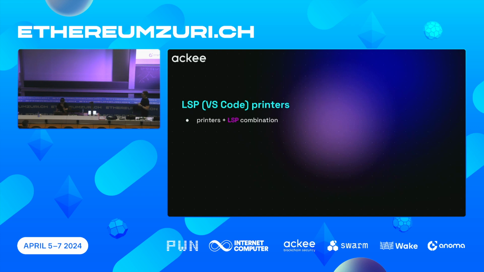Yes, so LSP printers or VS Code printers are a combination of printers and LSP, which means that it's possible to extract information from the Solidity source code and somehow show or visualize it in VS Code. So this is a combination of these two features that are present in Wake and Tools for Solidity tooling.